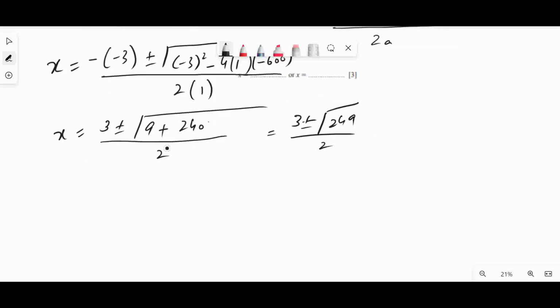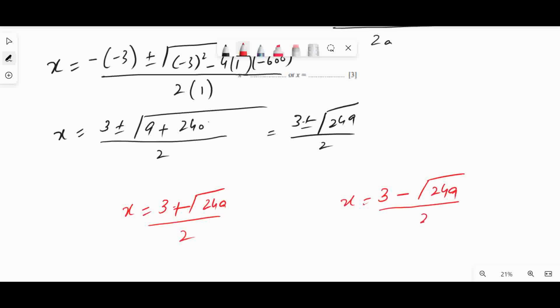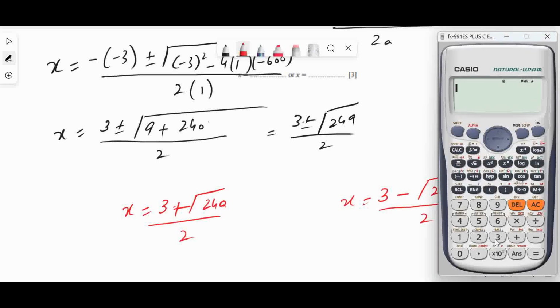The first one will be x is equal to 3 plus square root of 249, and the second one will be 3 minus square root of 249 whole is divided by 2. So we can simplify it over here.